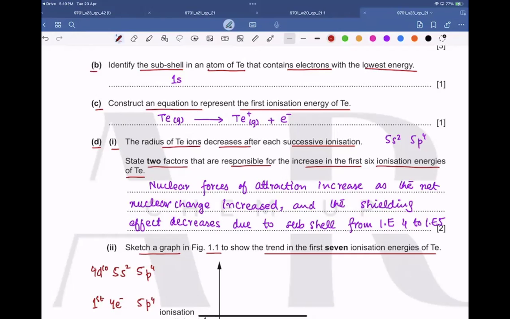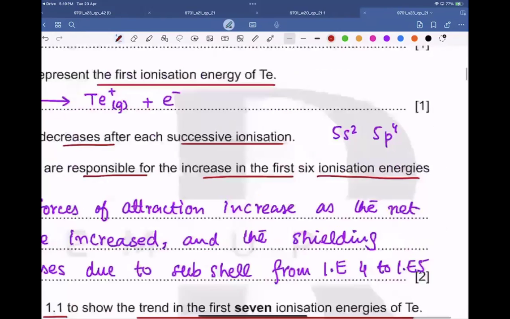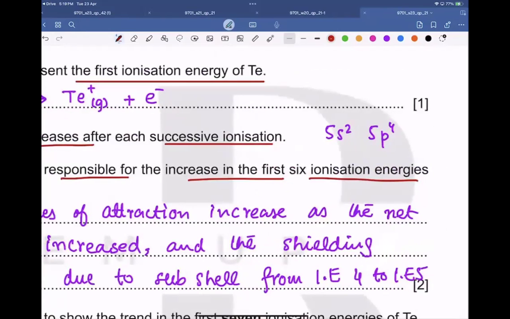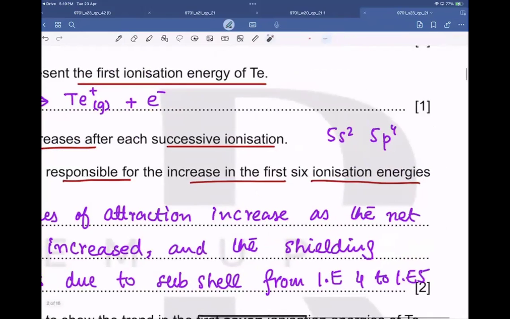Yeah, there is a decrease in shielding. It is because, see, the first 4 electrons are actually released from the 5p4, right? When the electrons are being removed from these, what happens? Isn't it that this subshell is also causing the shielding effect? Right, Bunny?